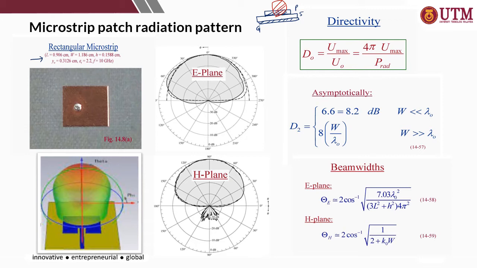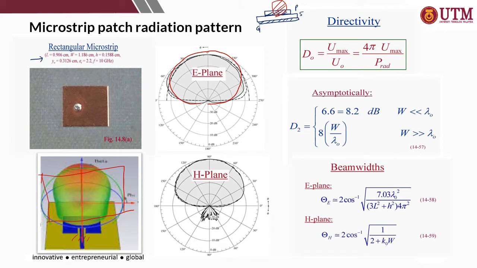So in this case, if we cut this pattern in E plane, we cut it somewhere here. So there's almost no signal at the bottom. So we can see that there's directive pattern on top.